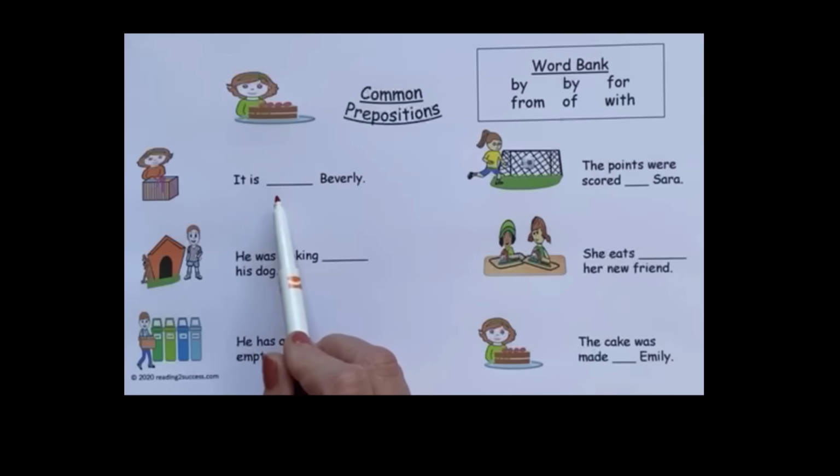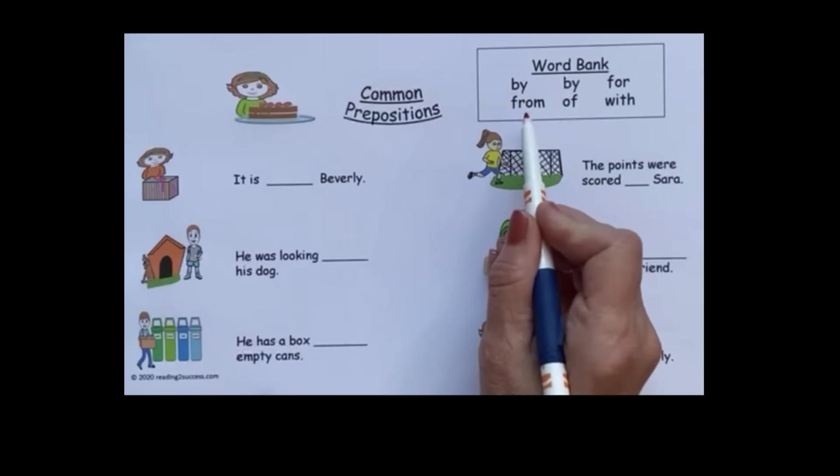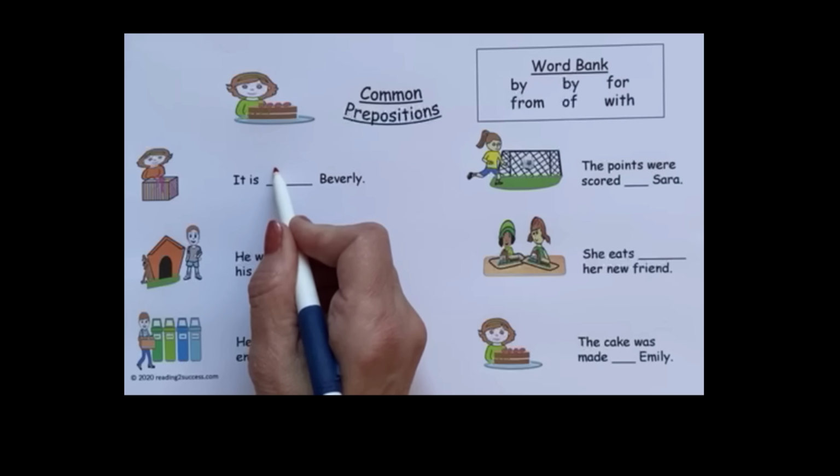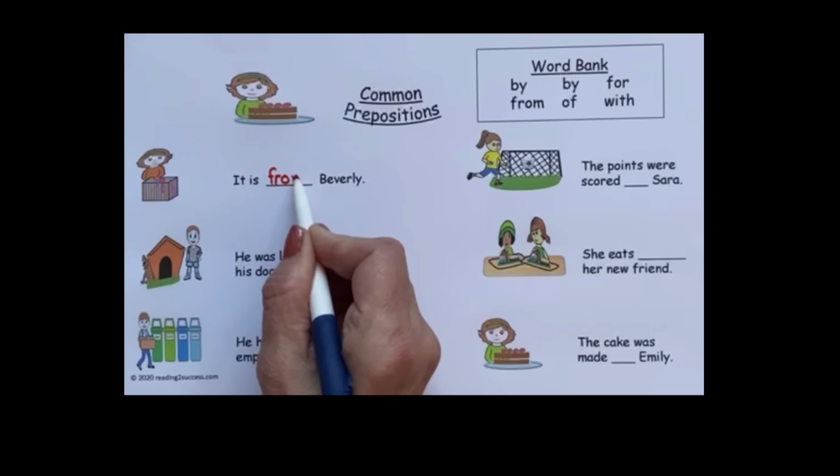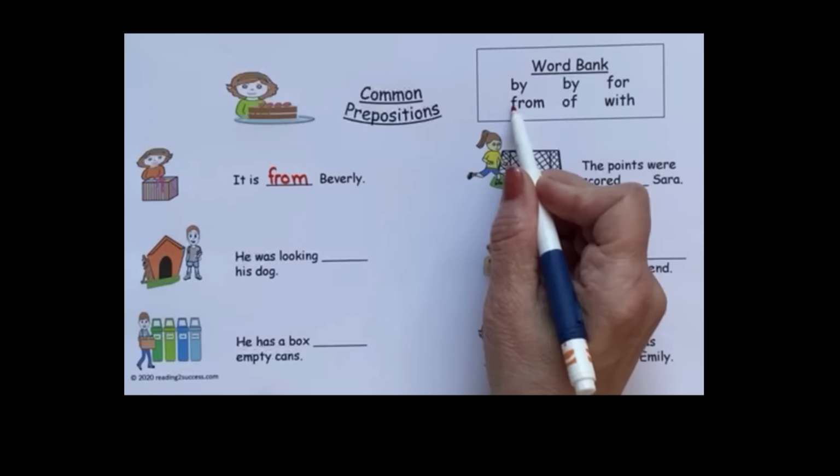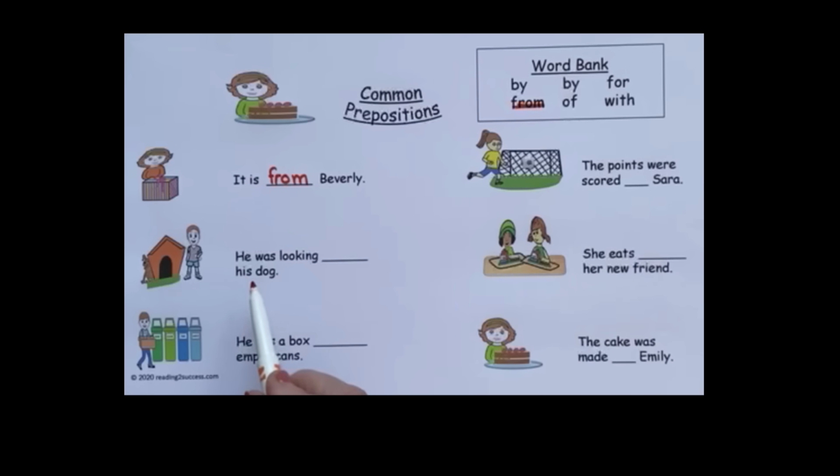It is Beverly. It is from Beverly. F-R-O-M. And then we're going to cross it off. He was looking blank his dog. He was looking for his dog.